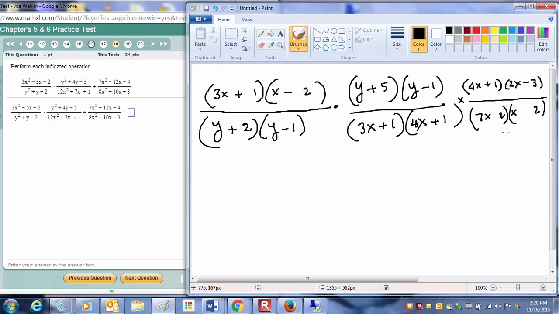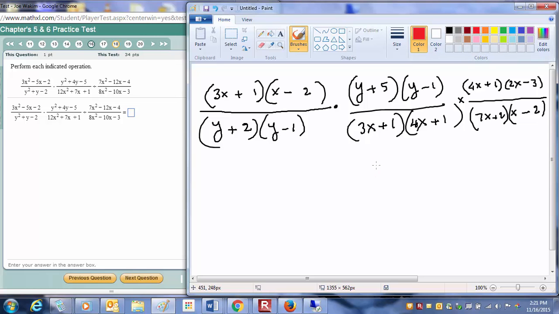The 7x times 2 is going to give me 14, and then minus 2 is going to give me my 12. So let's put a negative here, a positive here, because minus 14x plus 2x, that's going to give me my 12x. So I'm good. So let's try to simplify now.